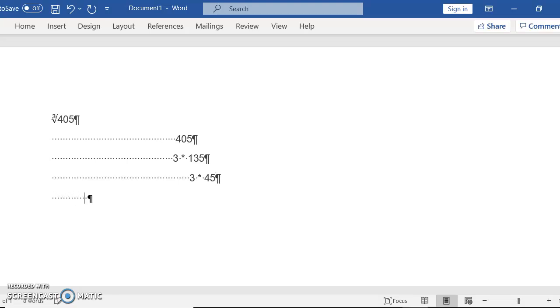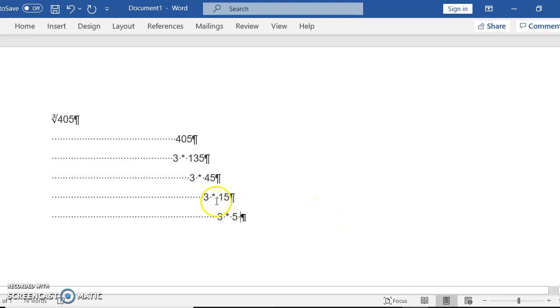And we have another 3. So 3 going into 45, 3 going into 4 1 time, 3 going into 15 5 times, and then we have another 3. We have 3 times 5. And that's all we can go.